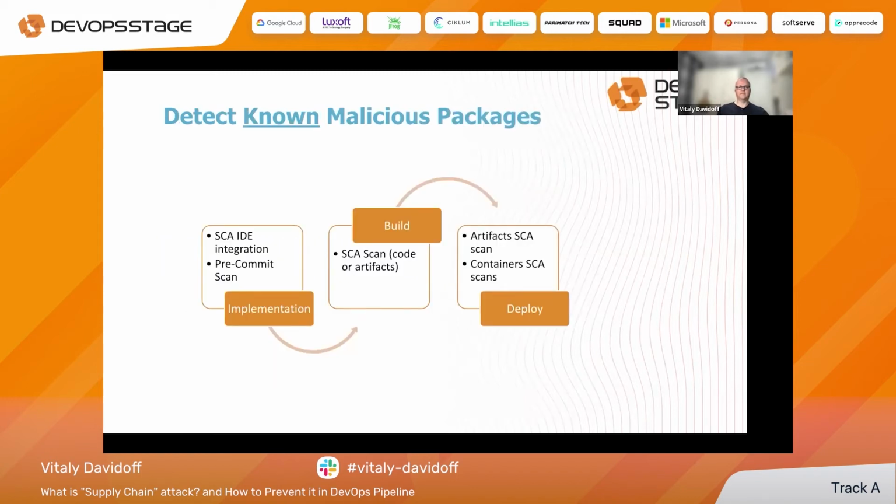Okay, so let's talk about non-malicious packages. Once we have CVE IDs and a database with known CVEs, we need to scan our software or third-party packages to see if we have those CVEs in the version we are using. Where are we scanning?